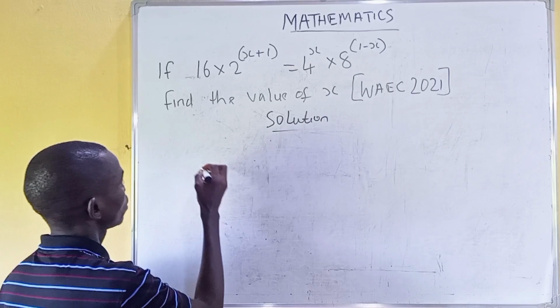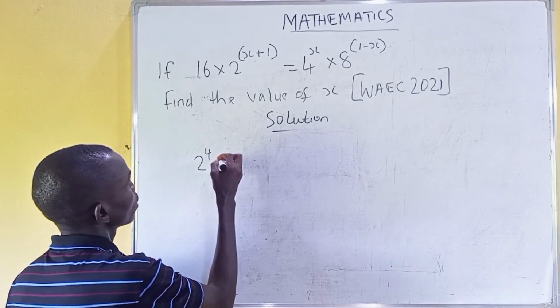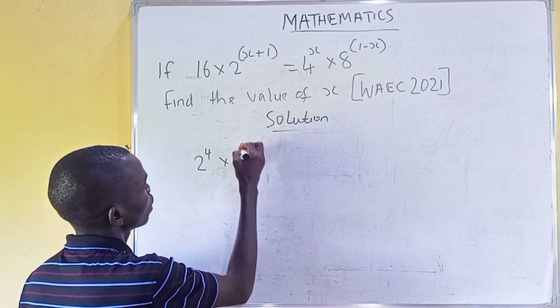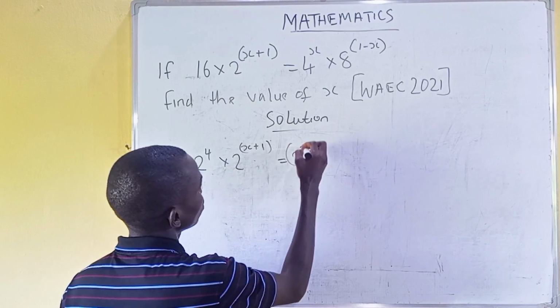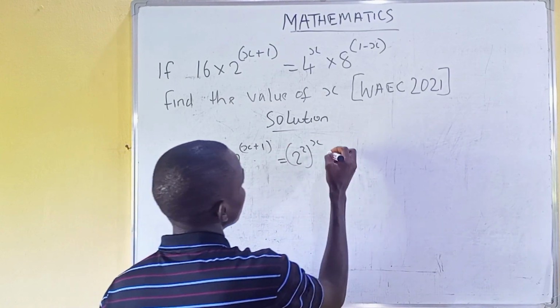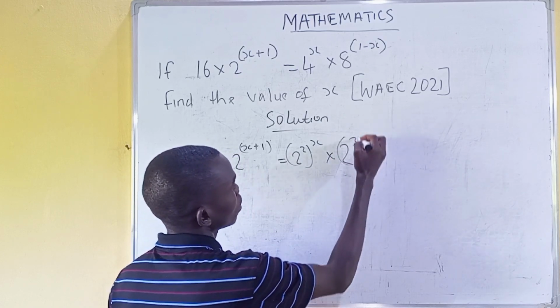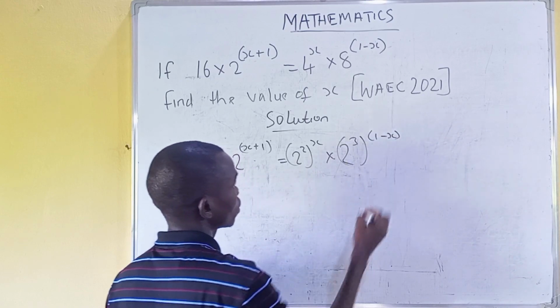will now be 2 raised to the power 4, which is 16, times 2 raised to the power s plus 1 equals 2 raised to the power 2 raised to the power s times 2 raised to the power 3 raised to the power 1 minus s.